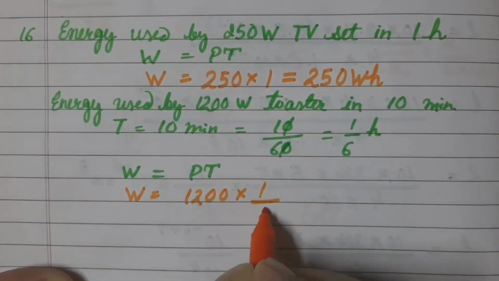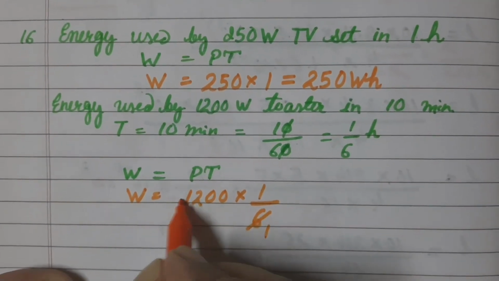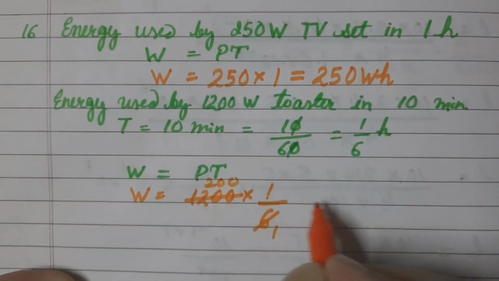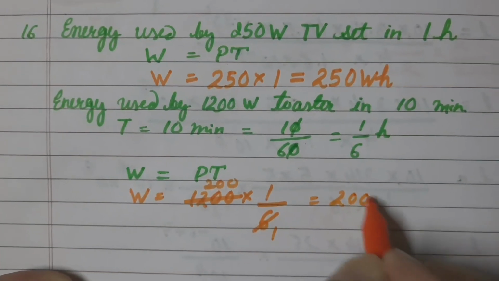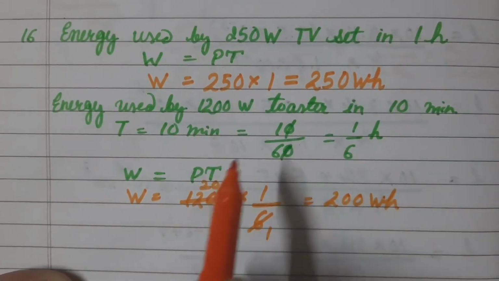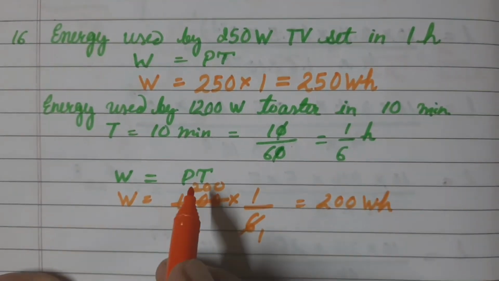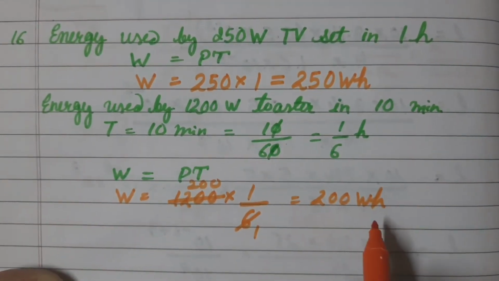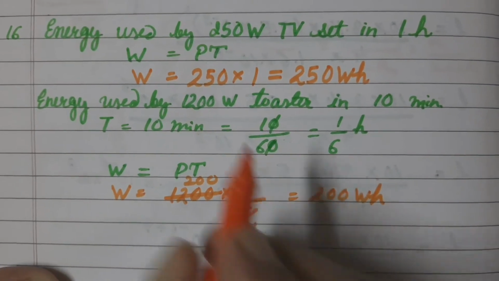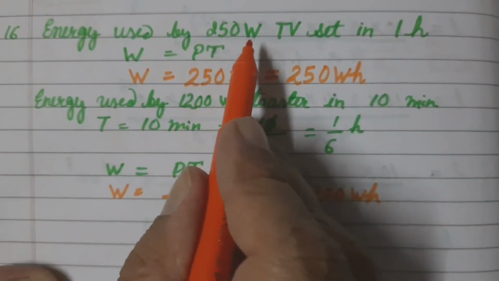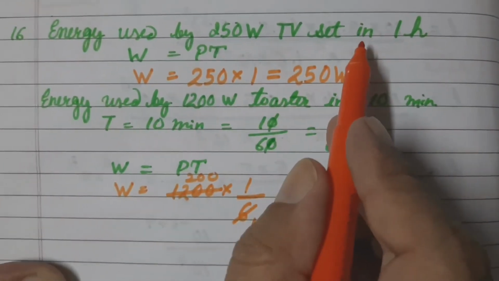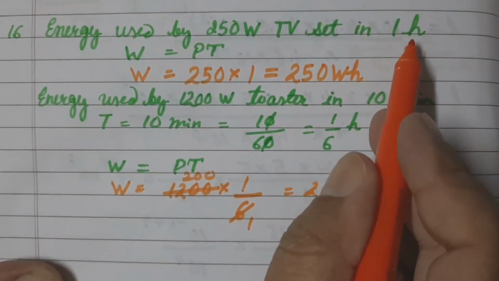Time is 1 by 6. It will be 200 watt hour. In case of the TV set, it is 250 watt hour. In case of the toaster, it is 200 watt hour. So, a 250 watt TV set consumes more energy in 1 hour.